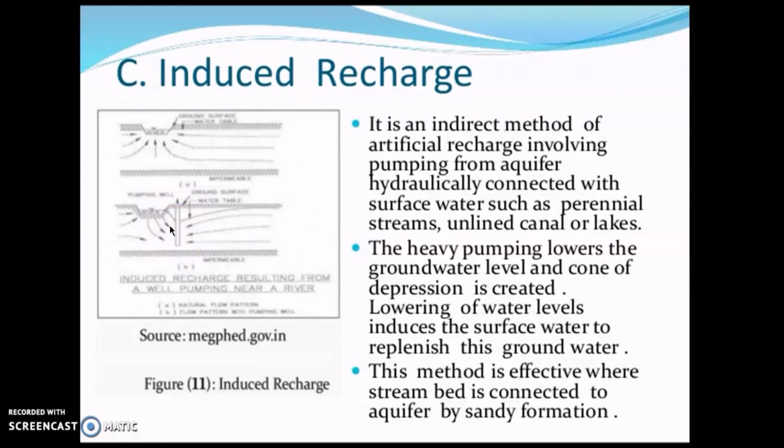We are simply creating a depression cone here. That means before creating this well, all the water will be directed to the nearest stream, right? To the nearest surface water or to the nearest groundwater over here.